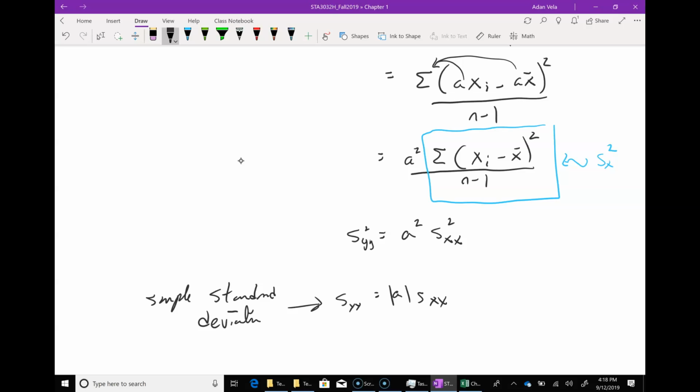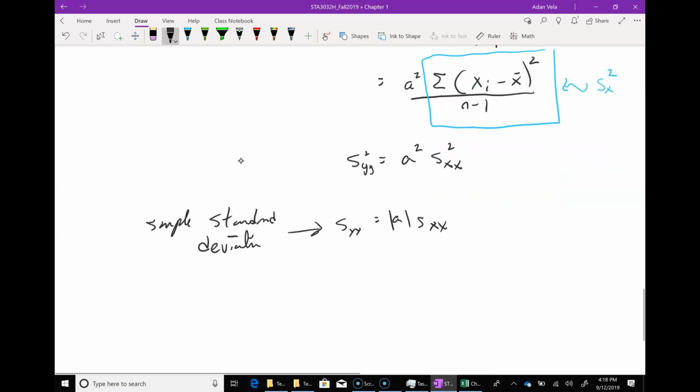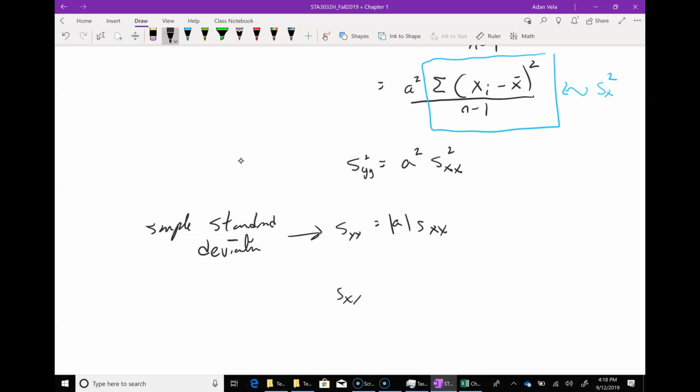Again, if I measure it in Celsius and I told you the deviation was 2 degrees Celsius, and I asked what's the standard deviation in Fahrenheit, it would be 2 times 9/5, whatever that quantity is. Okay, thanks guys. Sorry about running over.